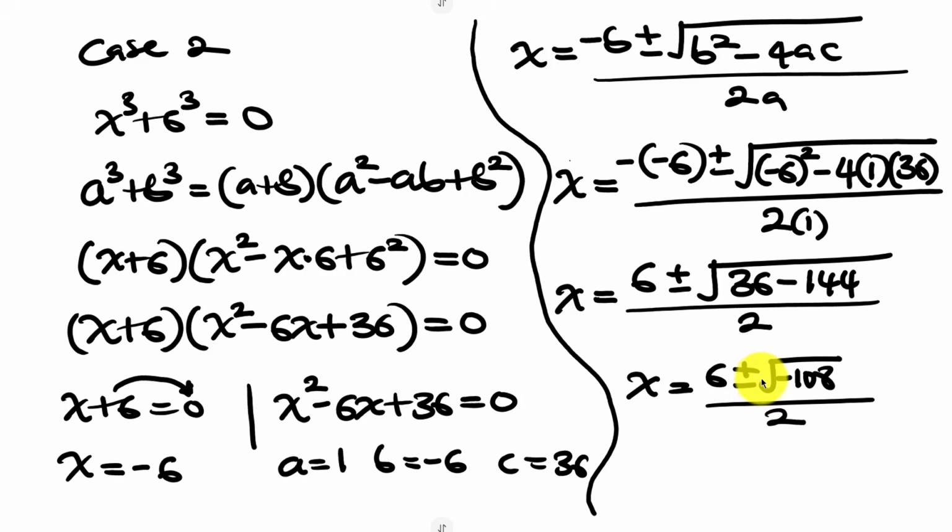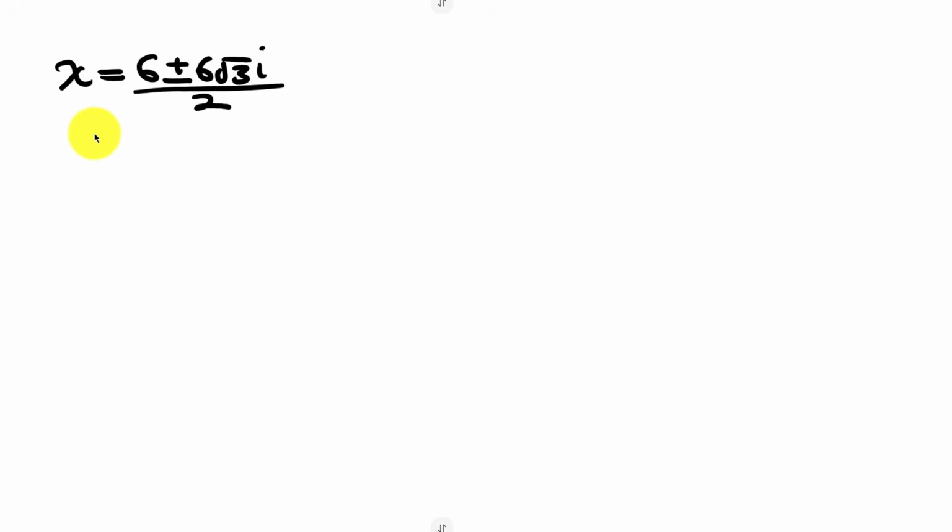And from our previous solving, this results in x equal to 6 plus or minus 6 root 3i all over 2. Now we can reduce this to x equal to 6 divided by 2, which is 3, plus or minus 6 root 3i divided by 2, which is 3 root 3i.